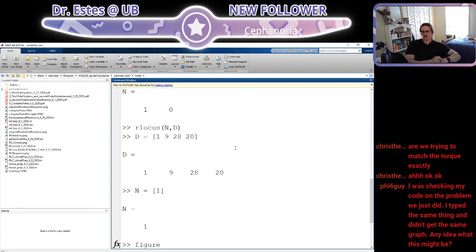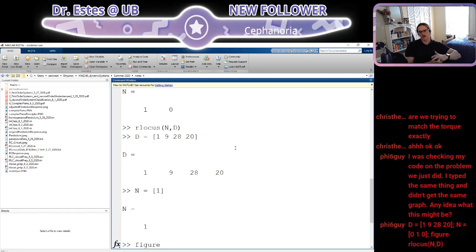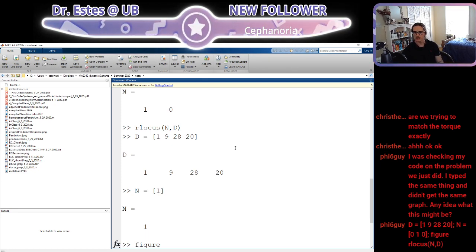Your code looks just like this? D equals 192820. N equals 010.